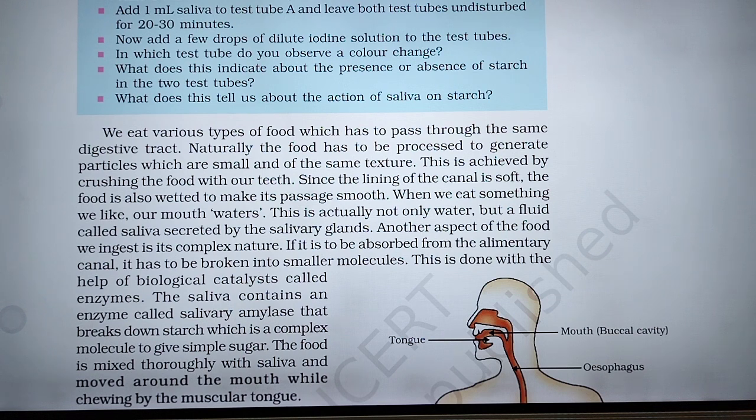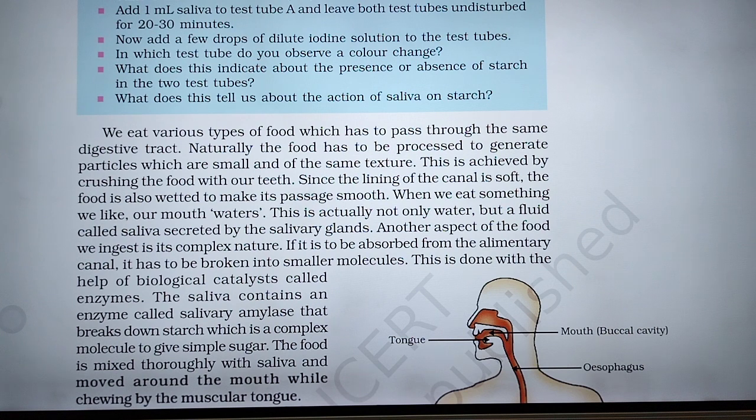This is achieved by crushing the food with our teeth. Since the lining of the canal is soft, the food is also wetted to make its passage smooth.